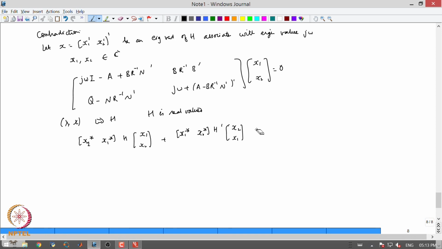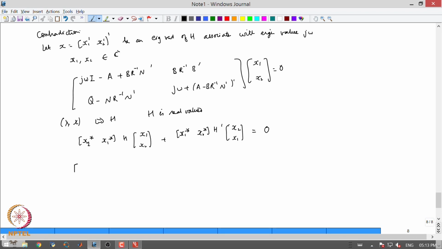Okay, I'll skip the steps, but it is easy to check that this will equate to 0. Okay, so what does this mean? That if I take the left hand side of this expression, this entire thing will equate to 0.